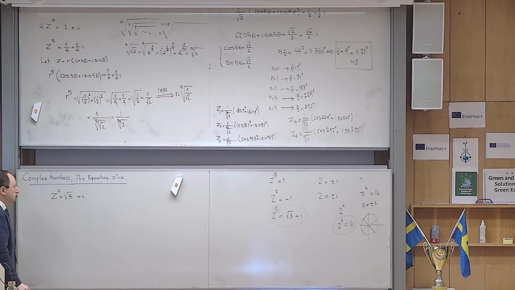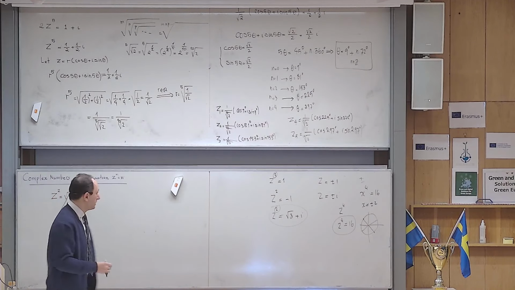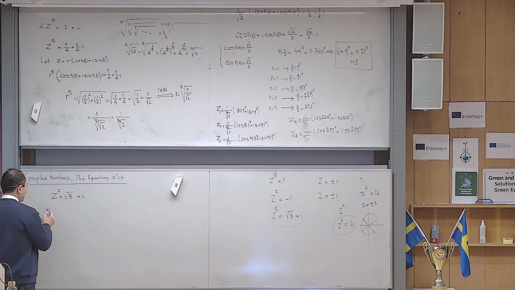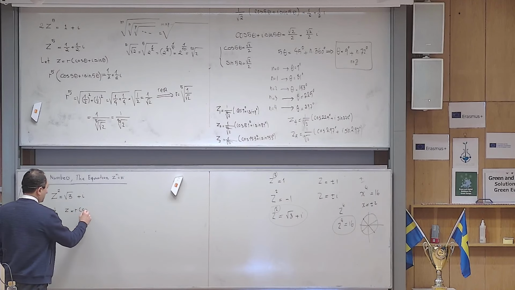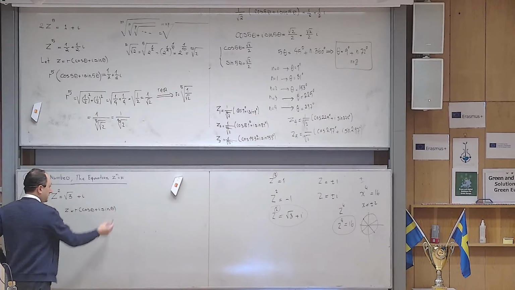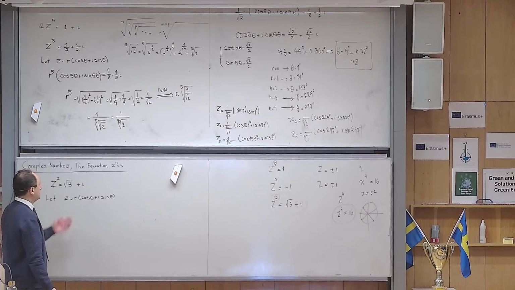According to what I told you, first of all, you expect exactly two answers, and you expect one of them is opposite to the other one. Yes? But let us really understand that. So you start with what sentence? You say let z be equal to r cosine theta plus I sine theta. Yes? This is a very simple thing. And then you plug this back into this equation and use the formula.